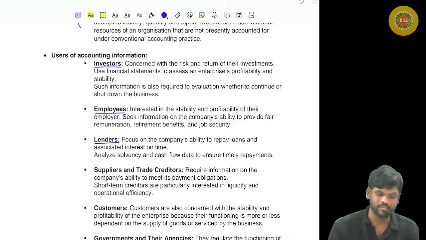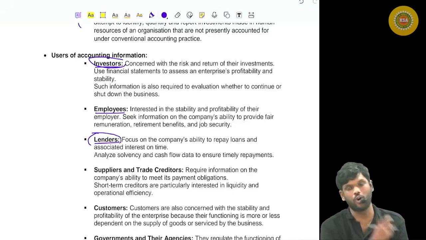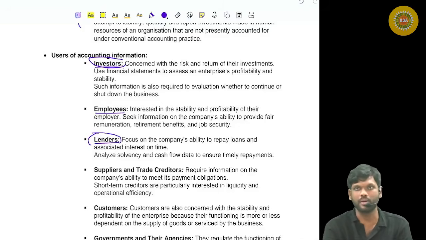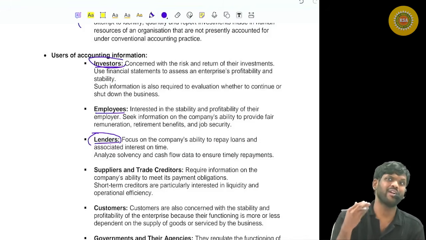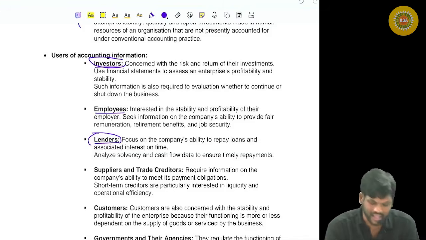Then lenders, lenders have given money. Investors will give money in the form of capital, lenders will give money in the form of borrowings or loans. They will also be interested to know the financial position and performance, because they have to evaluate whether this business has the capability to repay the loan that they have given.